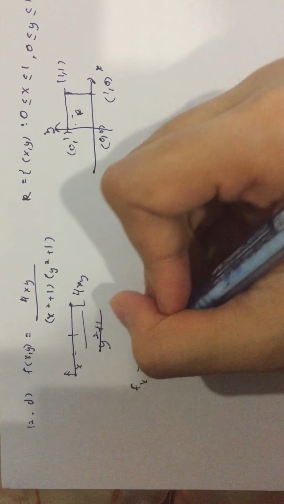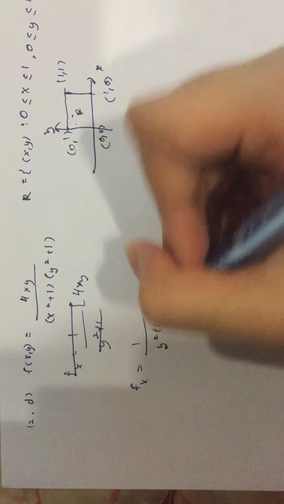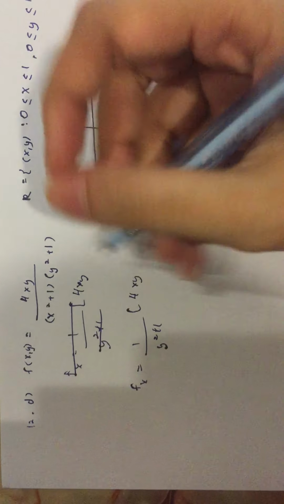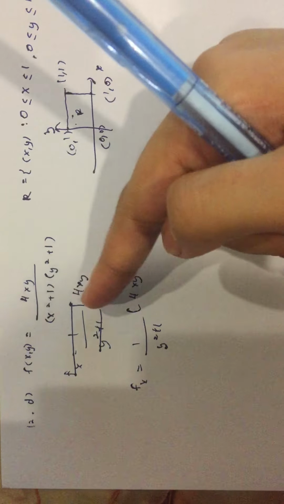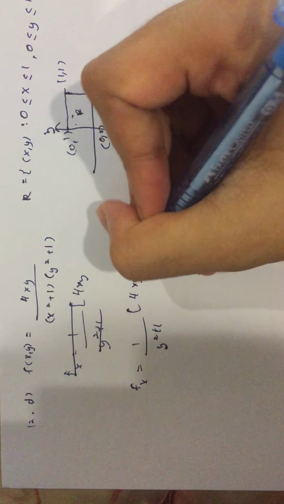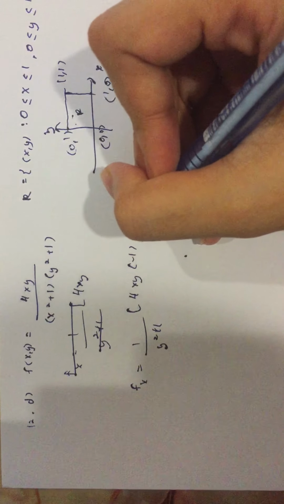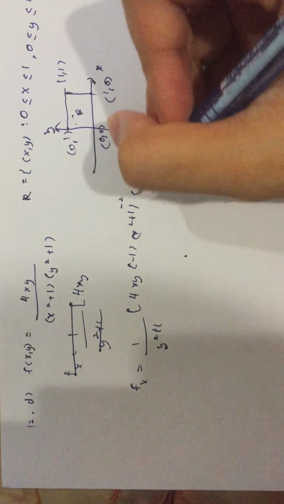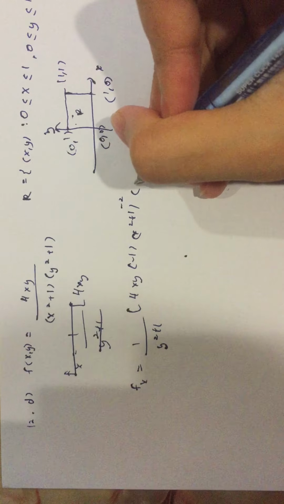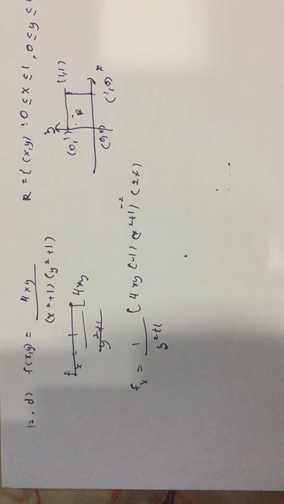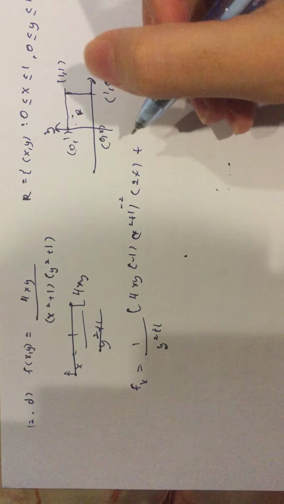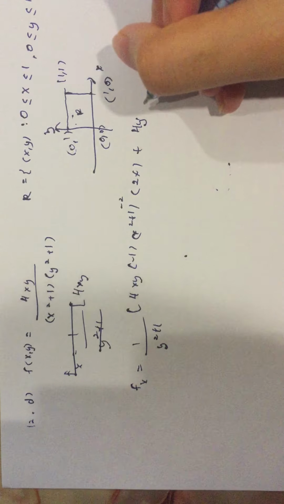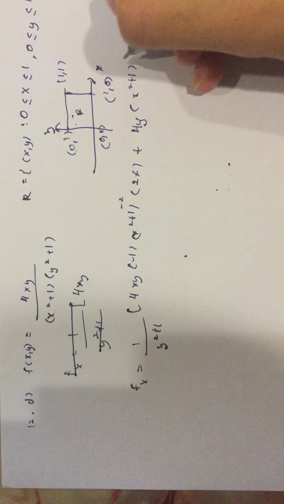So we have fx equals 1 over y squared plus 1, and then times 4xy, differentiate x squared plus 1 to the power of minus 1. So we have minus 1, and then x squared plus 1 to the power of minus 2, and then times differentiate in this bracket, so we have 2x. And then plus, differentiate 4xy is 4y times x squared plus 1 to the power of minus 1.